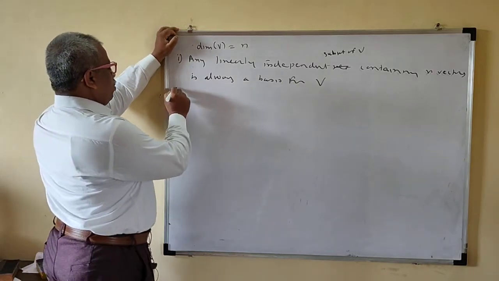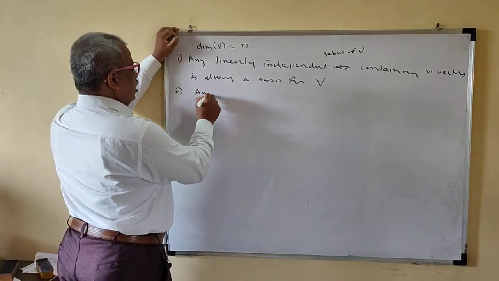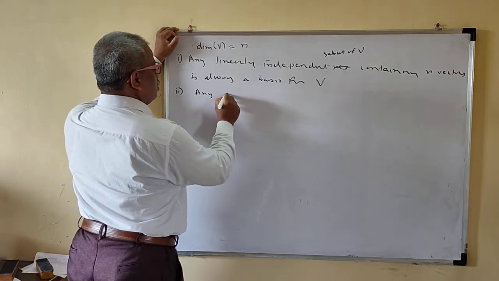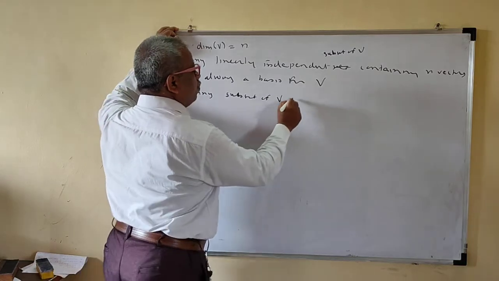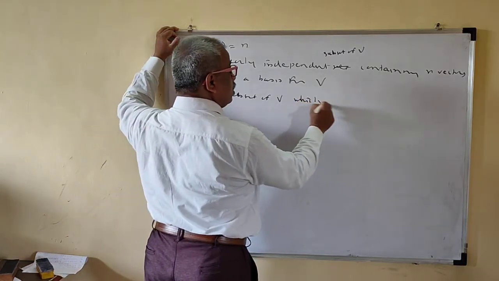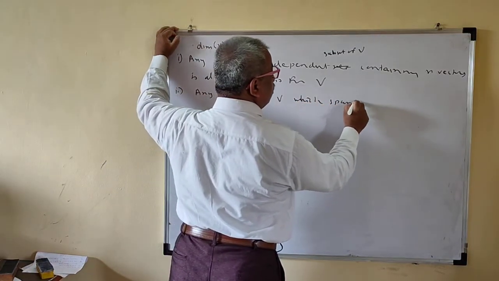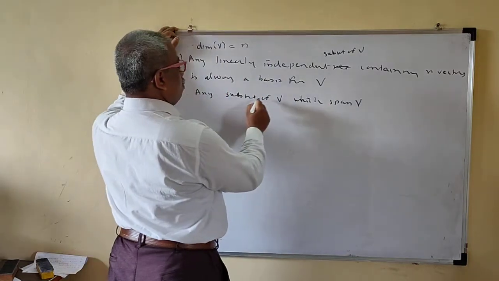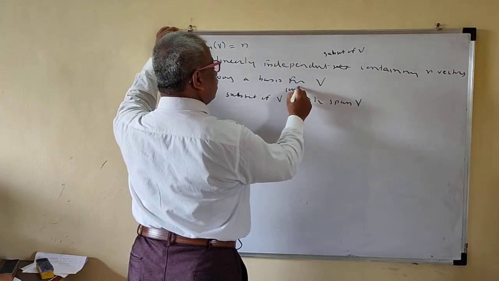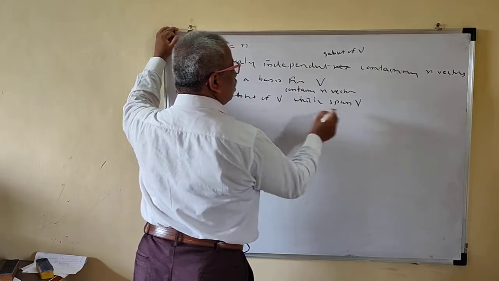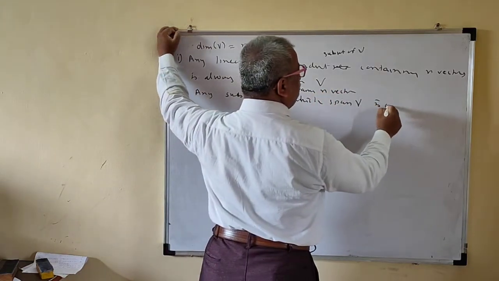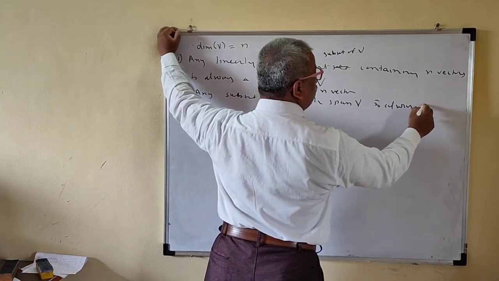The second: any subset of V containing n vectors which spans V is always a basis.